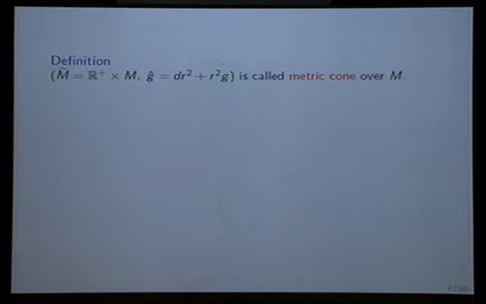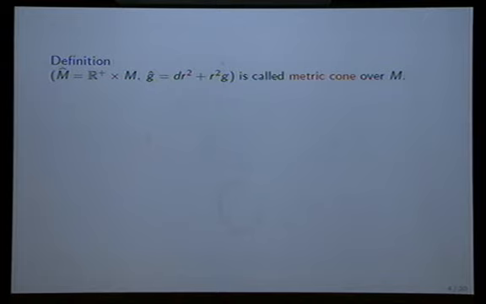Okay, then in the title I spoke about cones. So what is a cone? We have the manifold M, which is pseudo-Riemannian, and we can consider the product of the base manifold M with the ray R plus and call it M hat, endowed with this canonical metric.